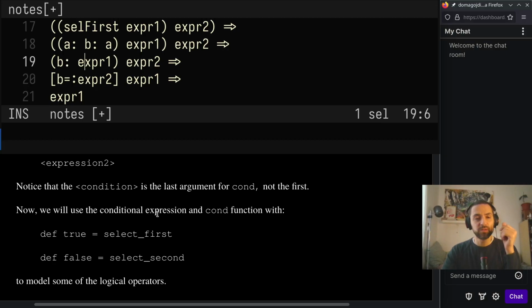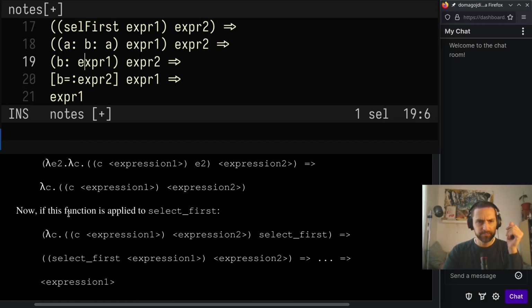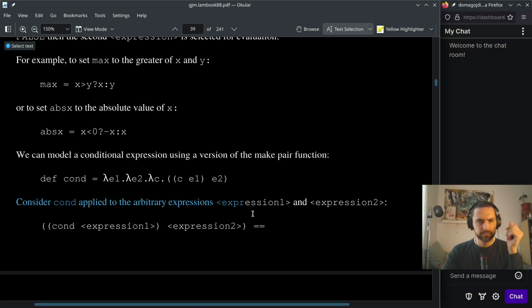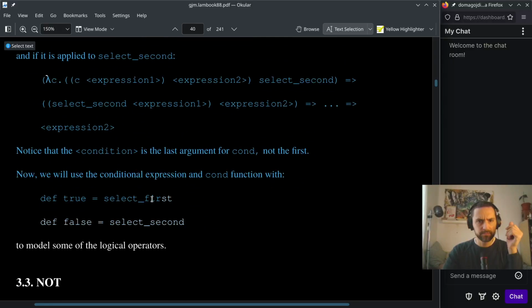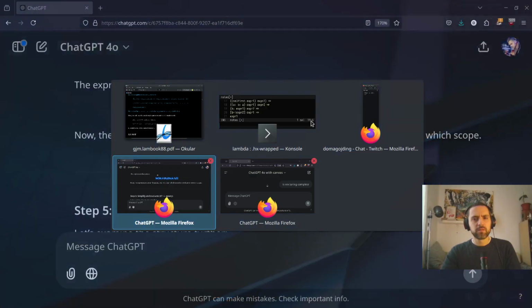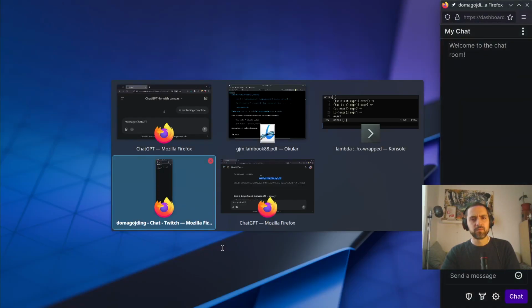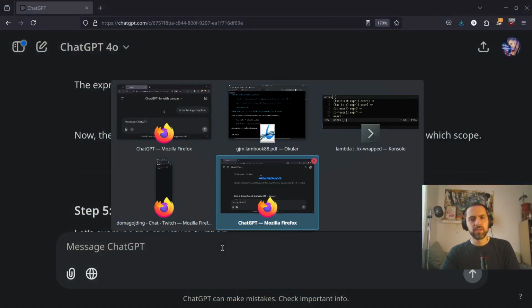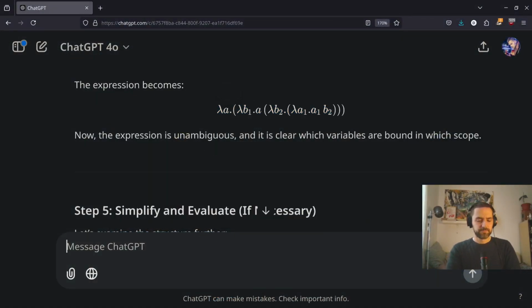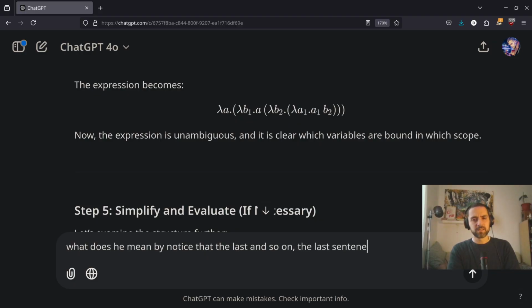Now we will use the conditional. What does he mean by that? Yeah, I don't know what you mean. Really, how come I can't open? What does he mean by, notice that the last, and so on, the last sentence in this paragraph.